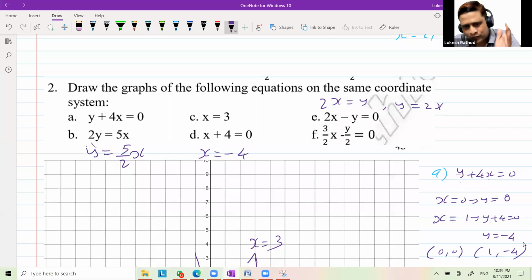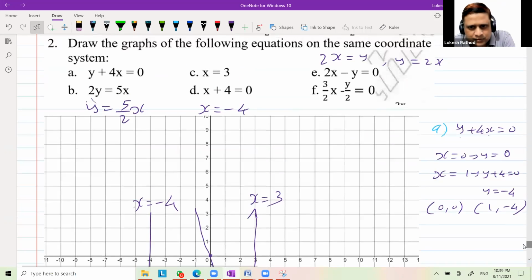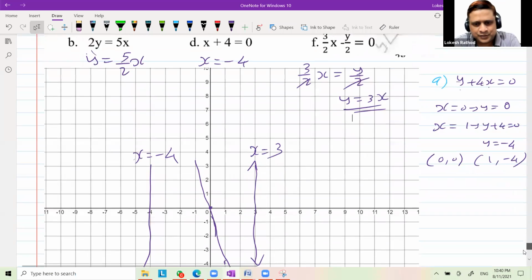That is a vertical line passing through minus 4, right? X equal to minus 4 is this line. Then this line is also nothing but 3 over 2x equal to y over 2, right? 2 gets cancelled, so it's y equal to 3x, and we have already drawn such line. So yeah, you can do everything, correct?